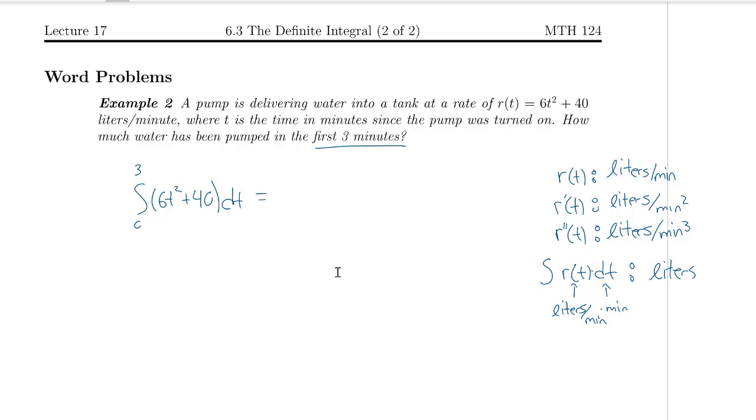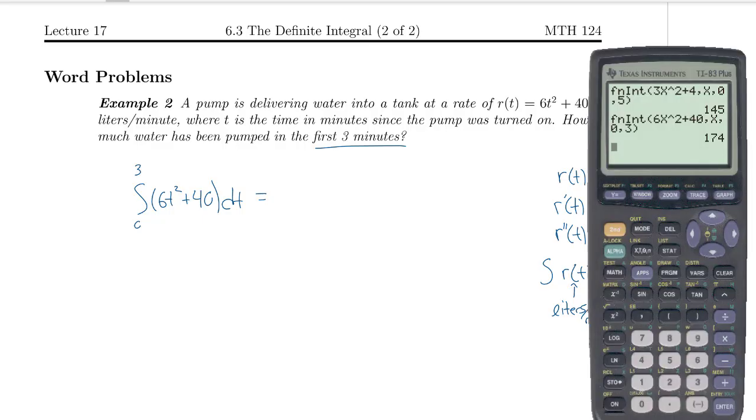So let's go ahead and enter that into your calculator, and we can get the final answer. So enter that and you'll get 174, and that, as we already established, is the number of liters pumped over this time period of the first 3 minutes.